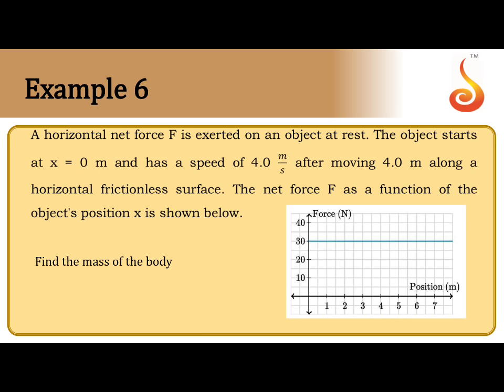The object starts at the position x equal to 0 and has a speed of 4 meter per second after traveling 4 meter along the horizontal frictionless surface. If the net force F as a function of the object's position is shown below, find the mass of the body.